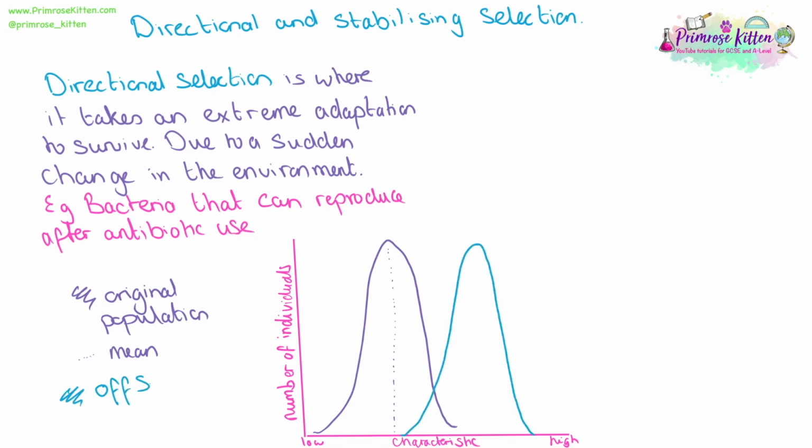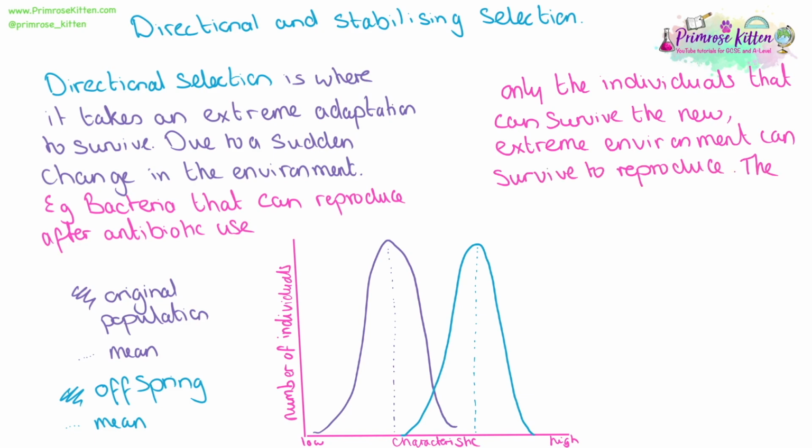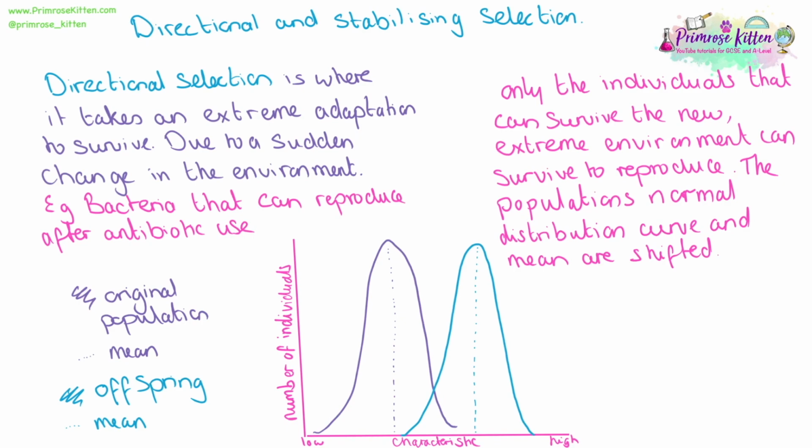After the sudden change in the environment, only these ones here were able to reproduce. So you can see the offspring is shifted towards there being a high prevalence of that characteristic in the population. Only the individuals that can survive the new extreme environment can survive to reproduce. The population's normal distribution curve and the mean are shifted to the right in this case.